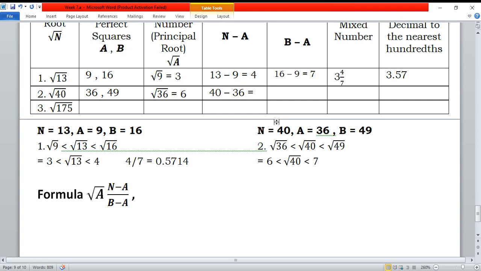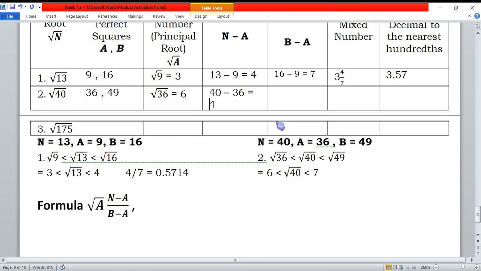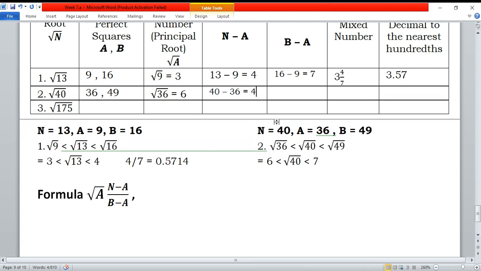Ang N natin ay 40 minus A, 36 equals, yes, 4. Akala ko magkakaiba. Parehas lang pala 4. Nasa taas. Okay. 13 minus 9. 40 minus 36. Okay. Dito lang tayo nalito. Akala ko pareho lang pala. Nagkataon lang.